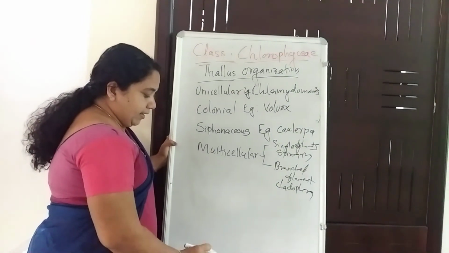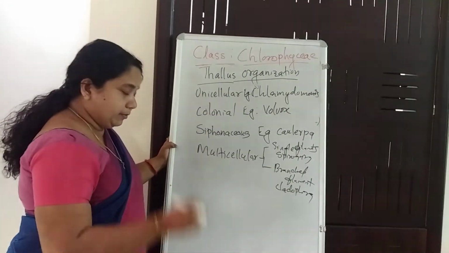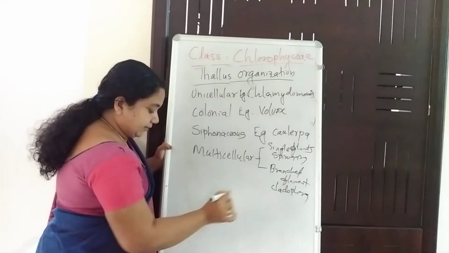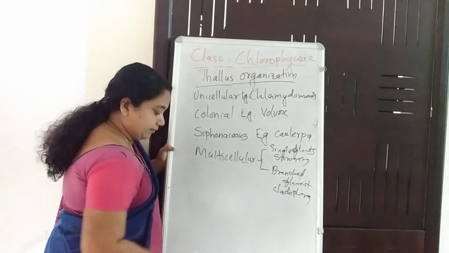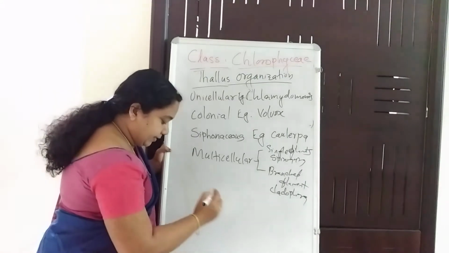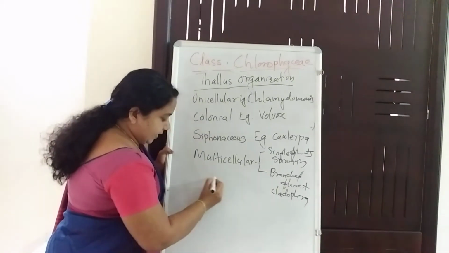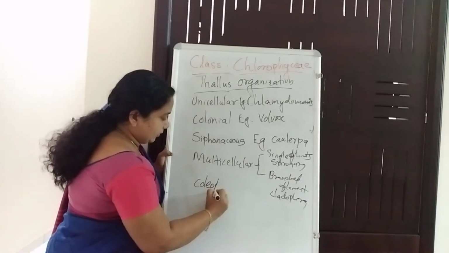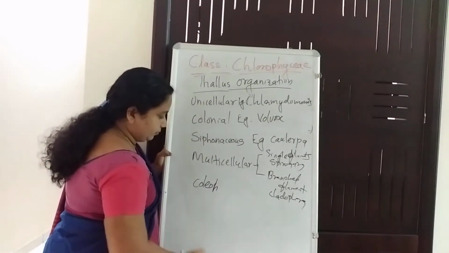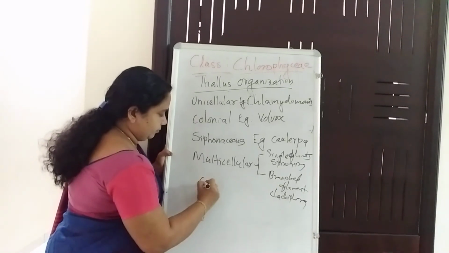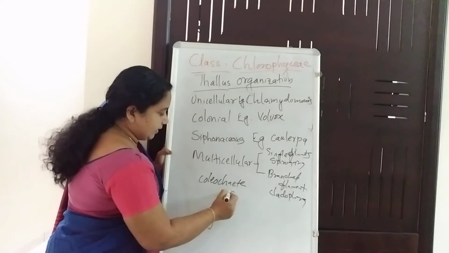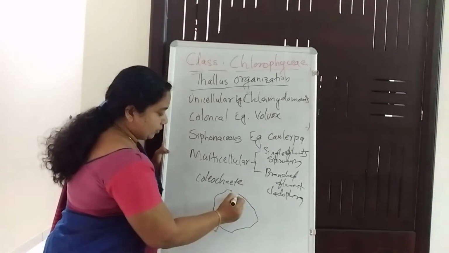Then there is another one, Coleochaete, which is seen as a multicellular discoid thallus.